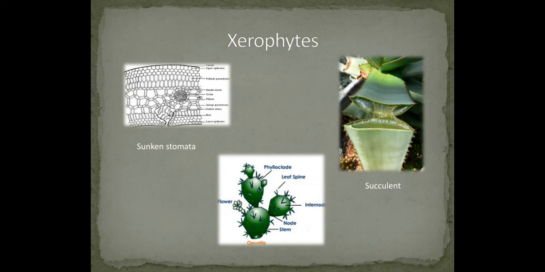Okay, in most of the xerophytes, the leaves are modified and reduced in the form of spines. As you can see here in the diagram, in Opuntia, the leaves are not present. They are just in the form of spines, in the form of thorns, right? And because of this leaf spine, the surface area is reduced.